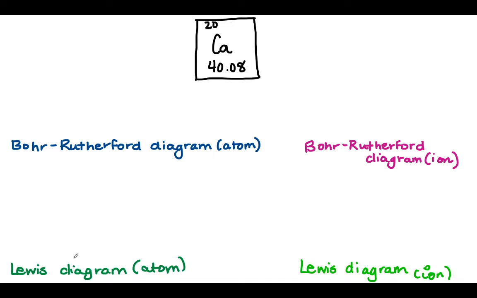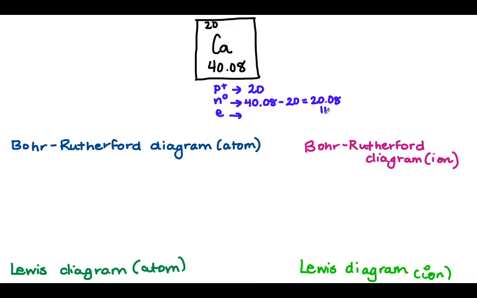So the first thing we have to do is figure out the number of protons, neutrons, and electrons from this information from our periodic table. The number of protons is equal to the atomic number, so it is going to be 20. The number of neutrons is equal to the atomic mass minus the atomic number, so 40.08 minus 20, which will be 20.08.